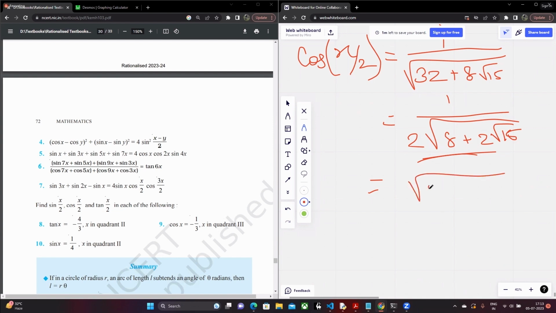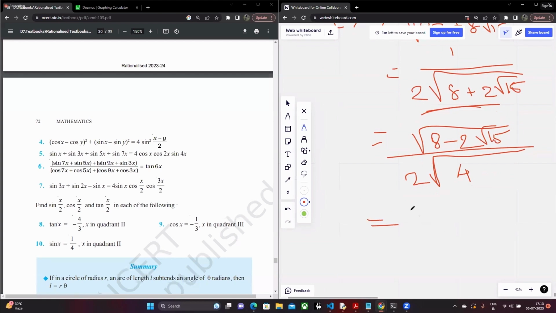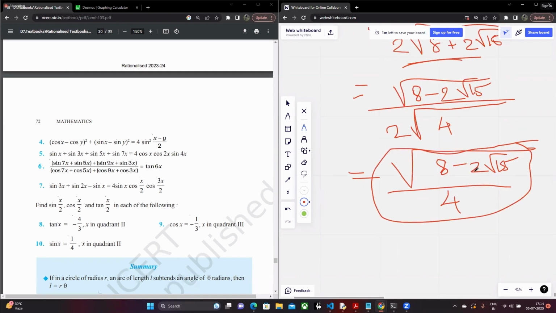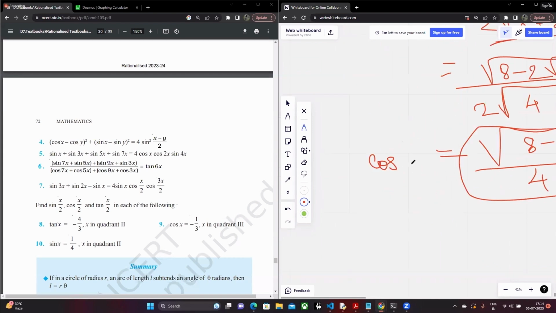So this will be square root of 8 minus 2 root 15 divided by 2 into square root of, this is 64 minus 60, that is going to be 4. So you will basically be left with square root of 8 minus 2 root 15 divided by 4.